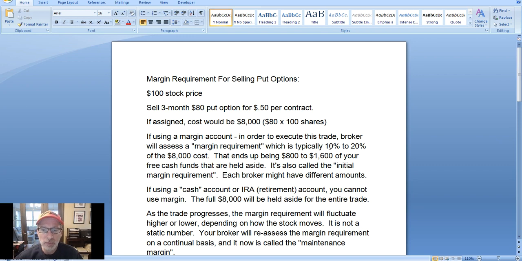So in this case, that would be 10% to 20% of the $8,000 cost, and that comes out to $800 to $1,600 of your $10,000 full account value. That has to be held aside while the trade is ongoing. You can't use that money anymore while this trade is active.